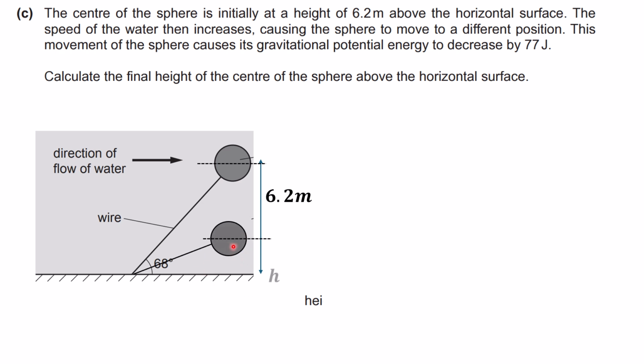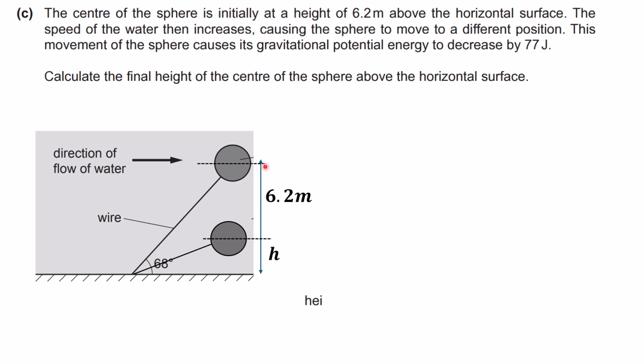Now that's the center, and there is a height to the ground, to the horizontal surface of the water. This movement of the sphere causes its gravitational potential energy to decrease by 77 joules.